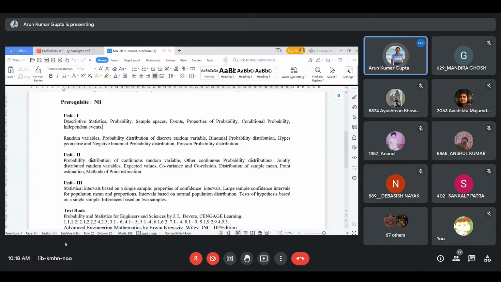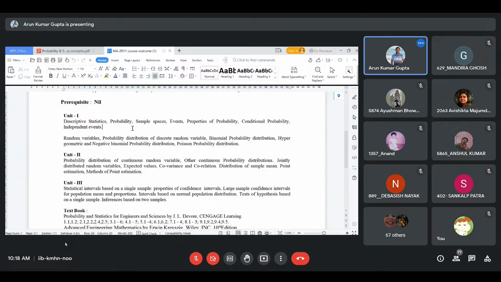So this first part of unit 1 is very much known to you. We will try to discuss this one in a quick manner, not in an elaborated manner, in order to save some time. So you read the basic things. If you have doubt, we will discuss over here.